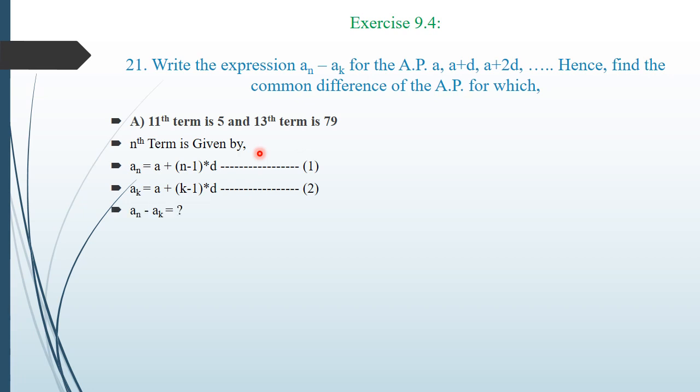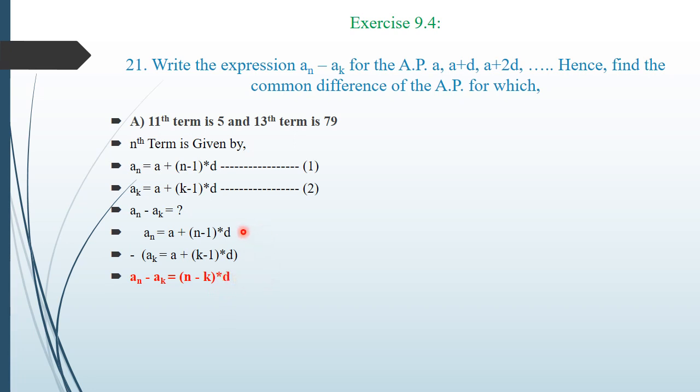Now when we consider the difference of these two terms, that is an minus ak, the whole equation is subtracted. Therefore an minus ak is going to be, a minus a get cancelled here, and this entire term becomes n minus k into d.